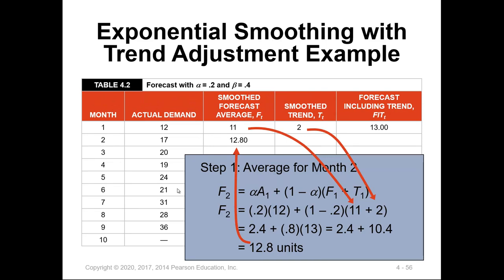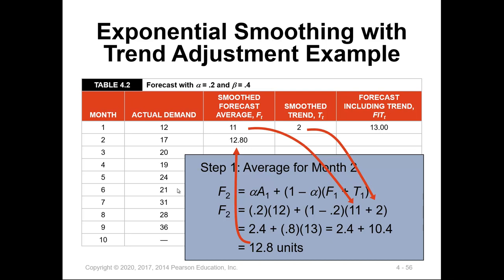The firm assumes the initial forecast average for month 1, F1, was 11 units, and the trend over the period, T1, was 2 units. Using the equation for the trend adjusted exponential smoothing and the provided values, we can forecast the average for month 2.